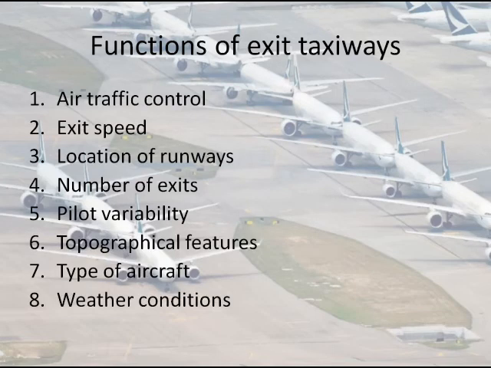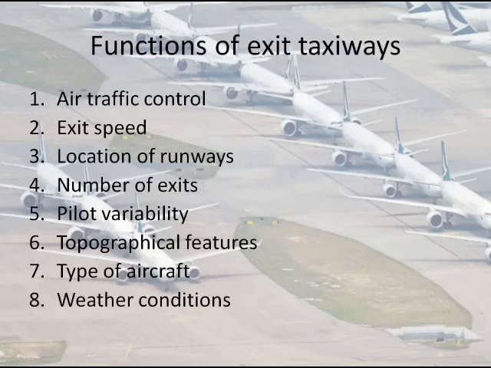The third point is location of runways. The location of the exit taxiways is also influenced by the location of the runways relative to the terminal area. The fourth point is number of exits. The number of exit taxiways to be provided will decide their location. For instance, if only 2 exit taxiways are to be provided, they would naturally be placed at the ends of the runway.